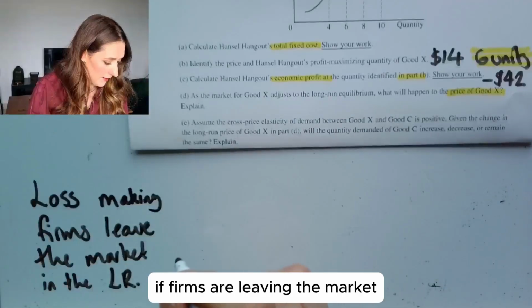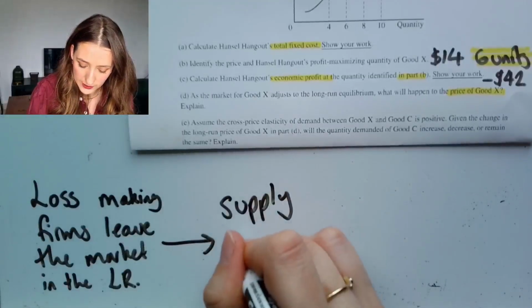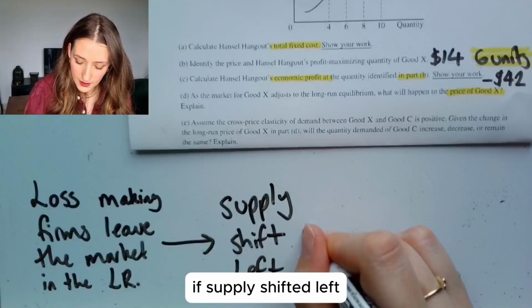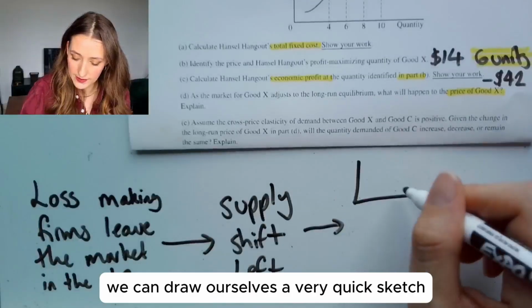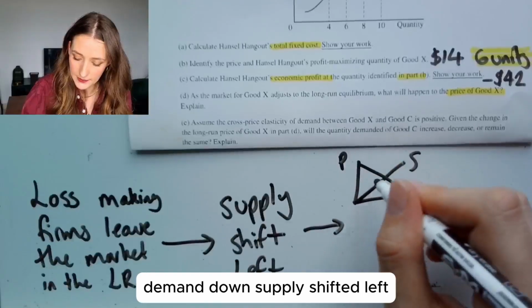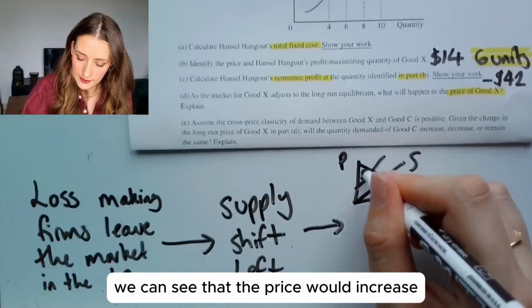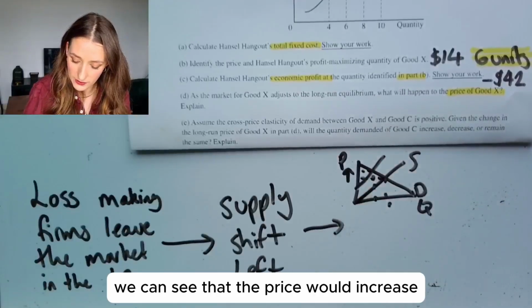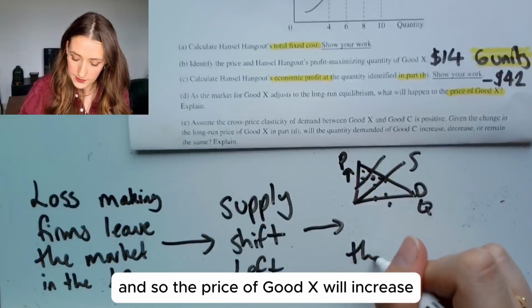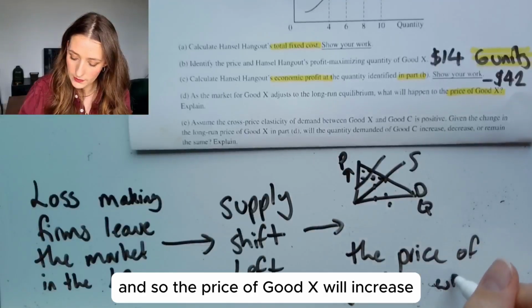If firms are leaving the market, that means the supply will shift left. If supply shifted left, we can draw ourselves a very quick sketch. Price, quantity, supply to the sky, demand down. If supply shifted left, we can see that the price would increase. And so the price of good X will increase.